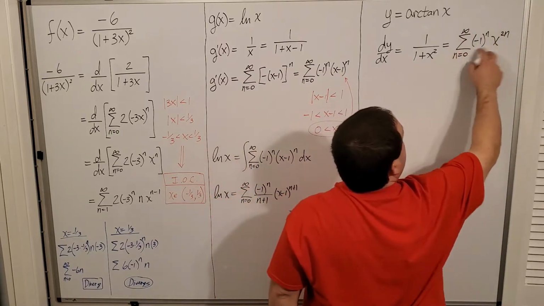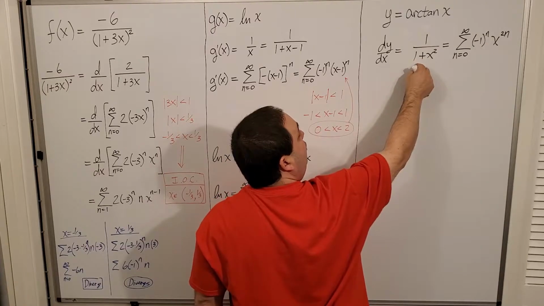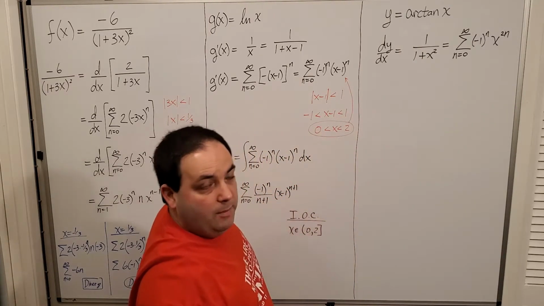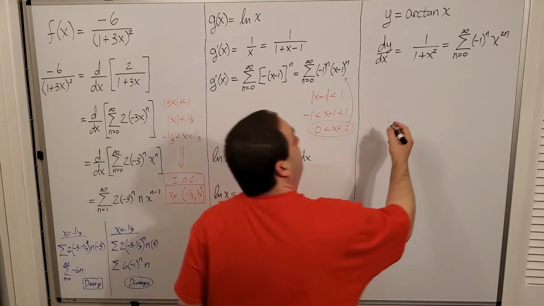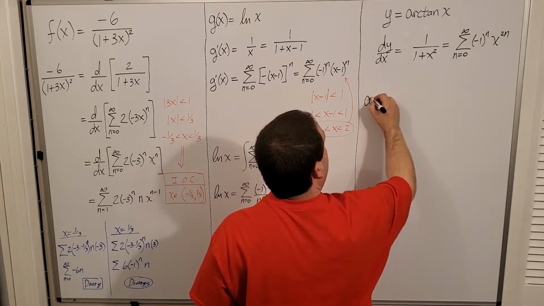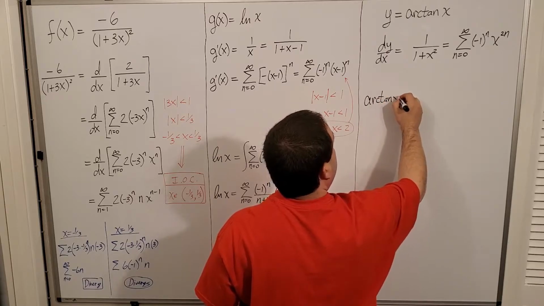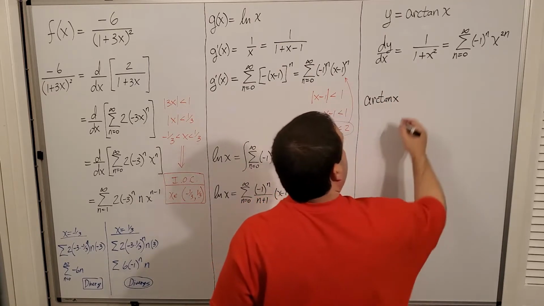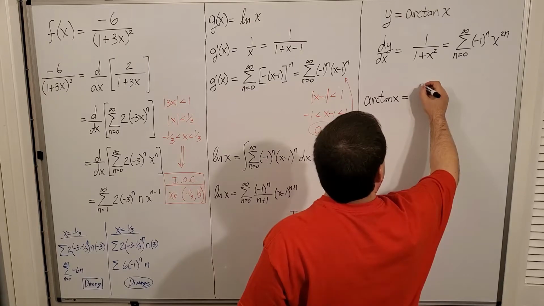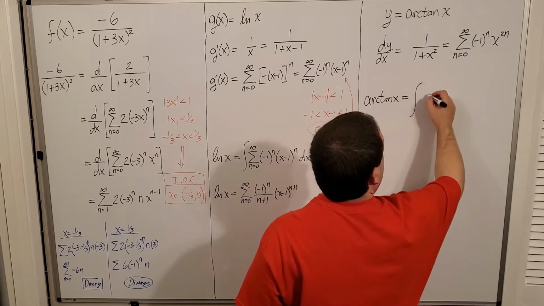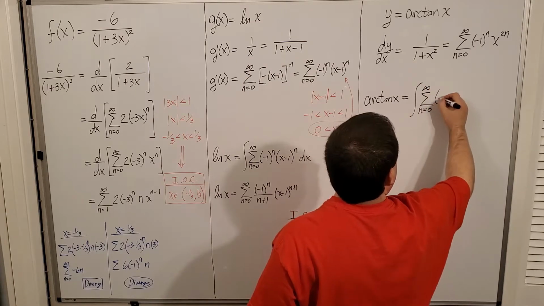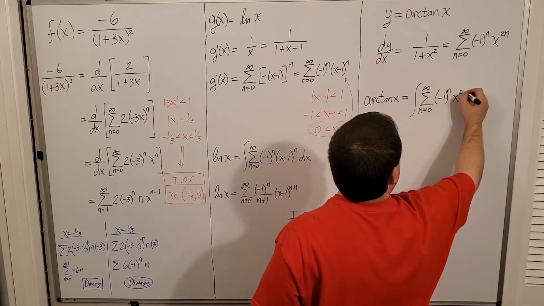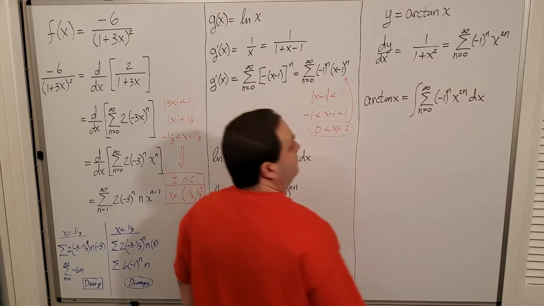All right, so this is a power series representation for the derivative of what I'm interested in, right? So therefore, my arctangent of x is going to be equal to the antiderivative of that power series dx, right?